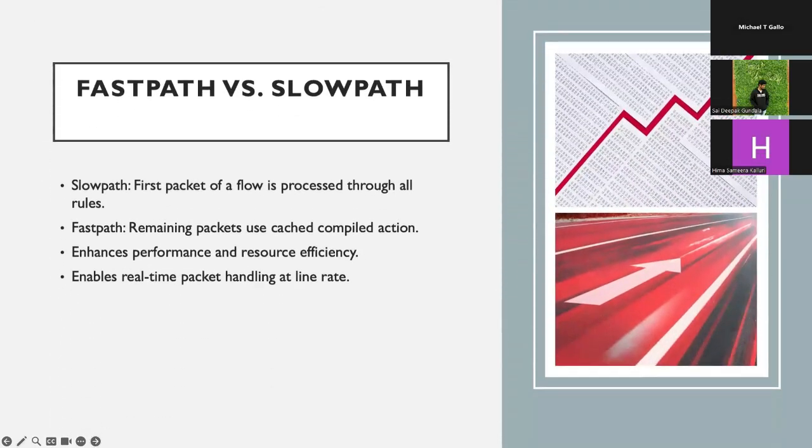Next, let's move on to the fast path versus the slow path. In the slow path, the first packet of a flow is processed through all rules, whereas in the fast path, the remaining packets use the cached compiled action. It also enhances performance and resource efficiency, and enables real-time packet handling at line rate.